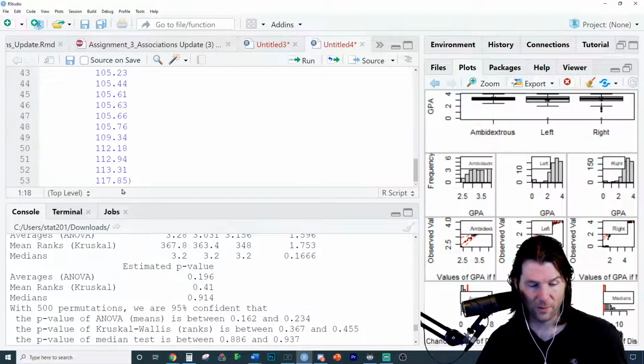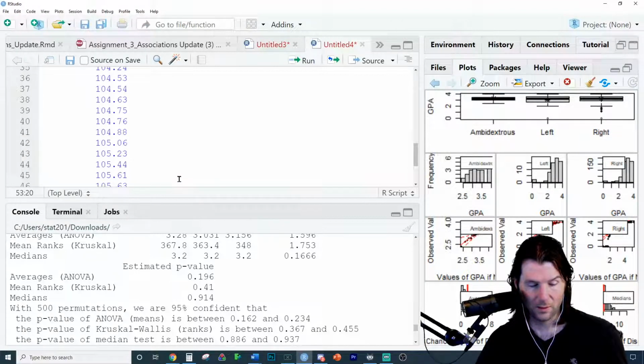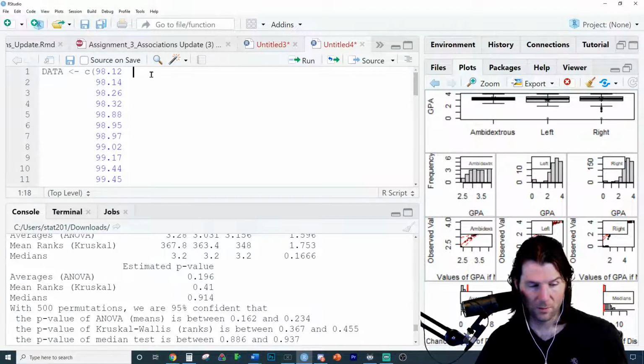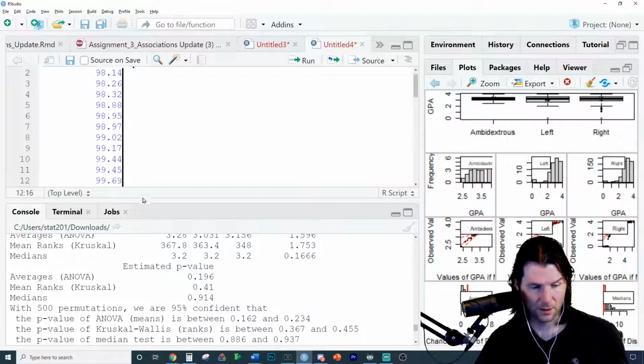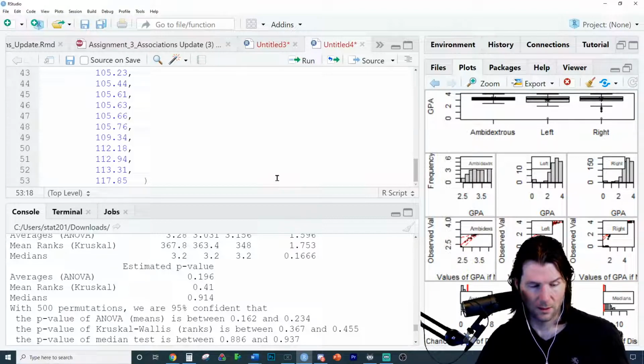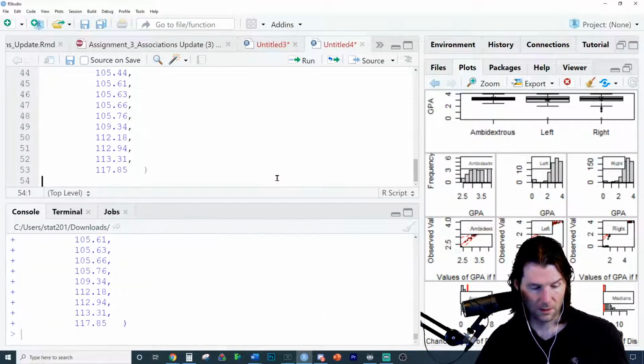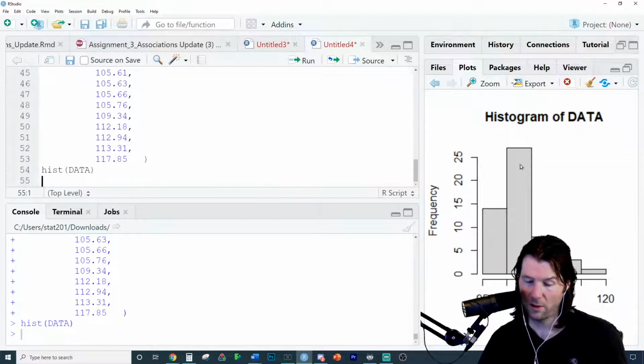You have to make sure you have enough spaces. Will this work? And then you have to go here, and you have to hold Alt-Shift. No, wait, Alt-Shift. Yes, did it. There we go. And then you go right to here, and you let go. It does it. And so I think we've done it. So now if I go to hist of data, there's the histogram.